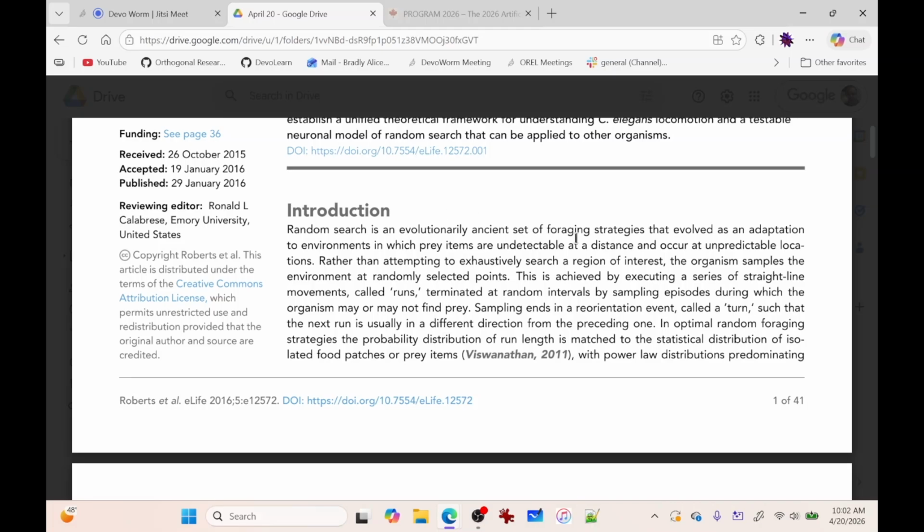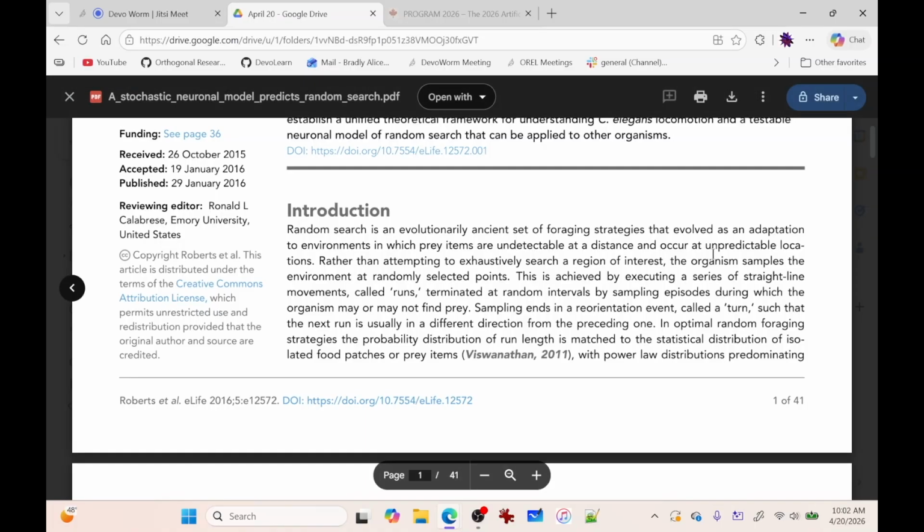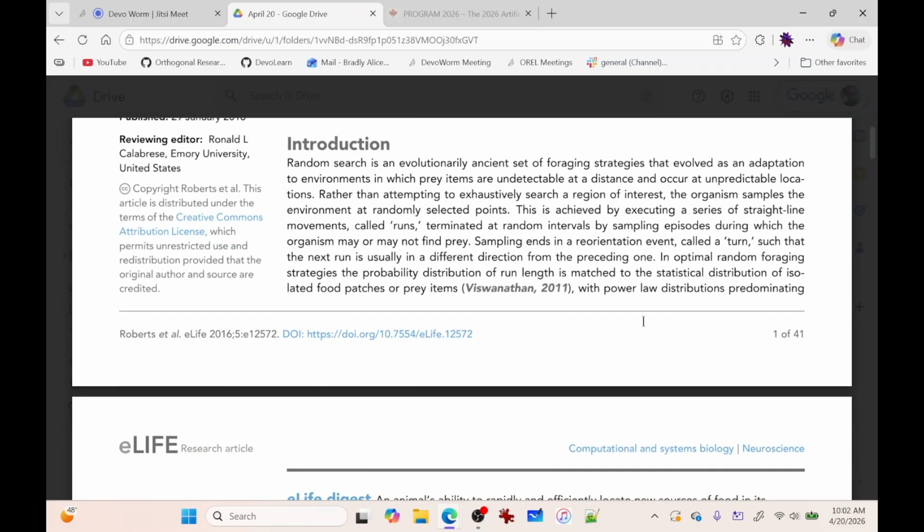And random search, you observe this in bacteria, you observe this in all sorts of single-cell organisms. We think of decision-making as being a very detailed search criterion, but sometimes random search works just as well as a foraging strategy. And so that's what they're proposing here.